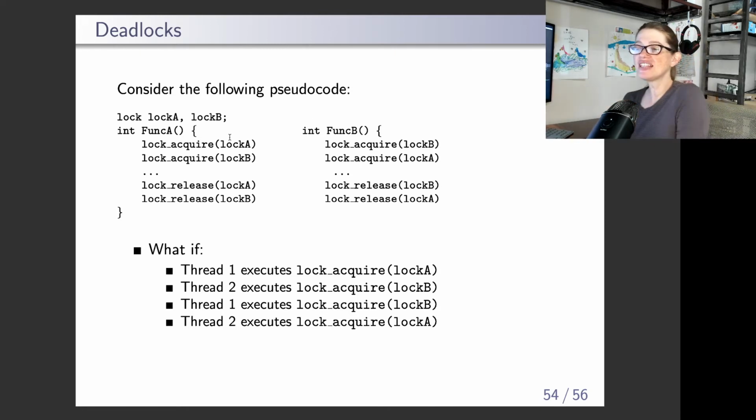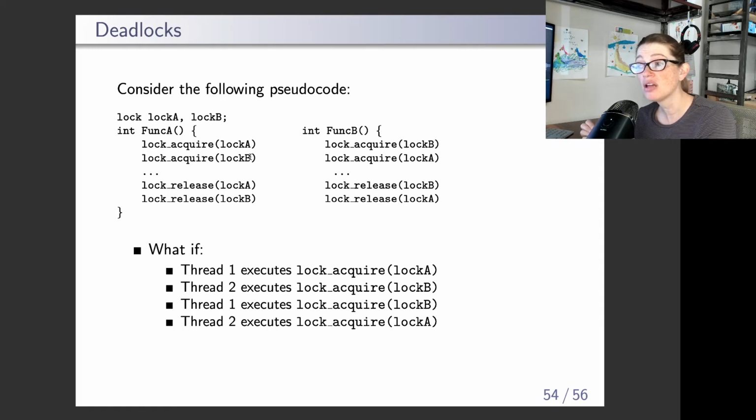If thread 1 gets lock A, and then there's a context switch and thread 2 gets lock B, so A has A and B has B, but when we context switch back to thread 1 and it tries to get B, it's going to fall asleep waiting for lock B because lock B is owned by thread 2 in function B.